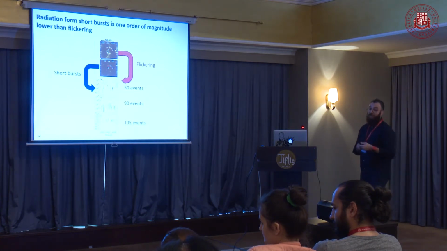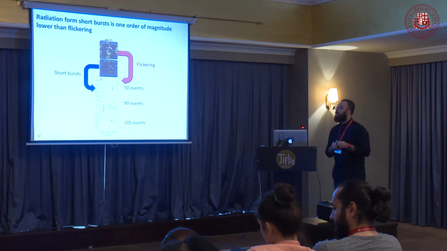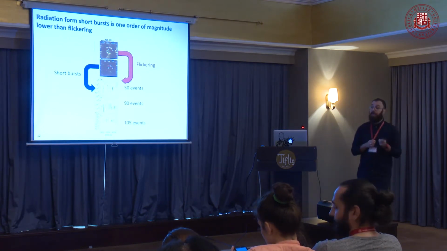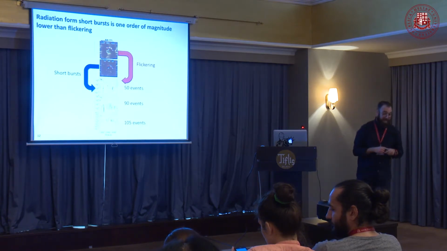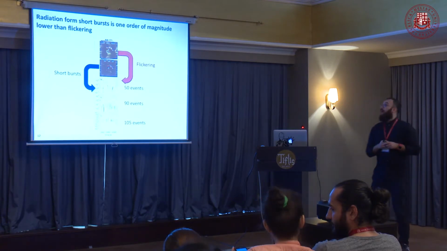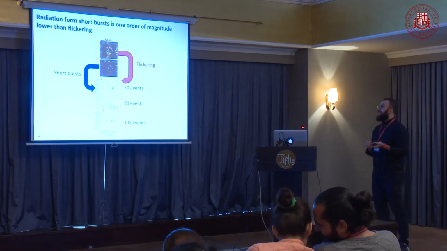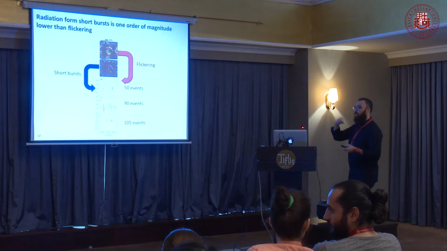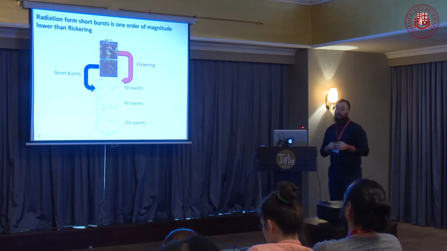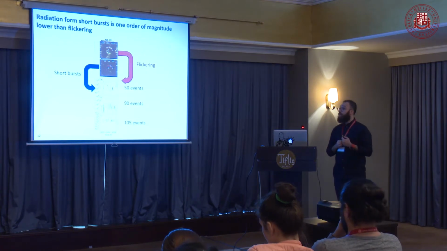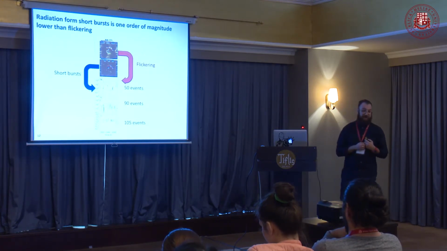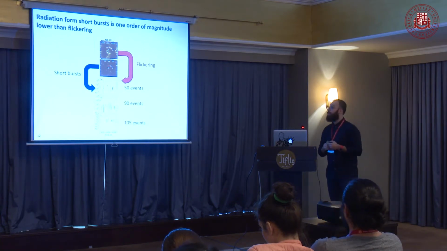Red lines represent the information of the total column mass, while blue lines represent information from the impulsive-only cases. What we can see here is that red lines have a smooth flickering, they fluctuate smoothly, while blue lines have the character of small, short-lived bursts.